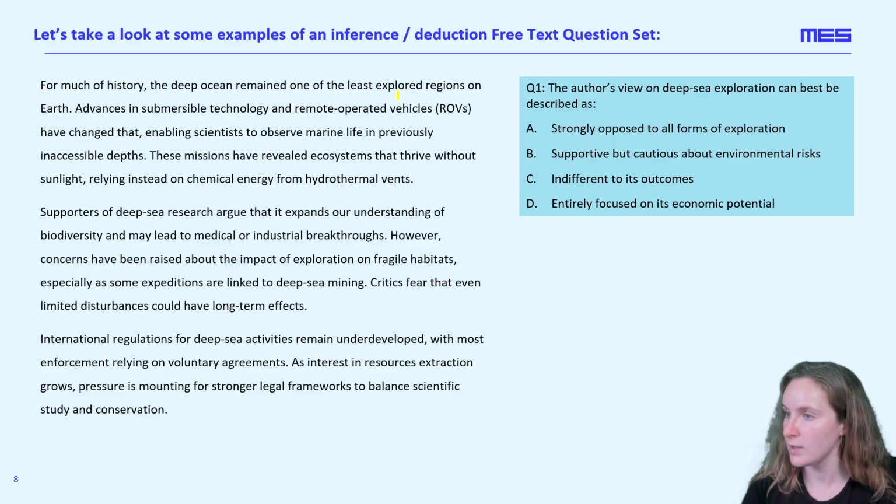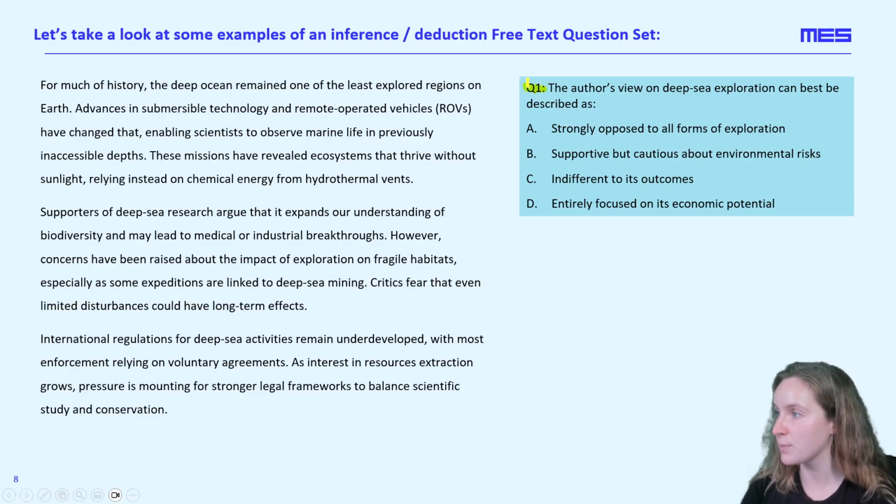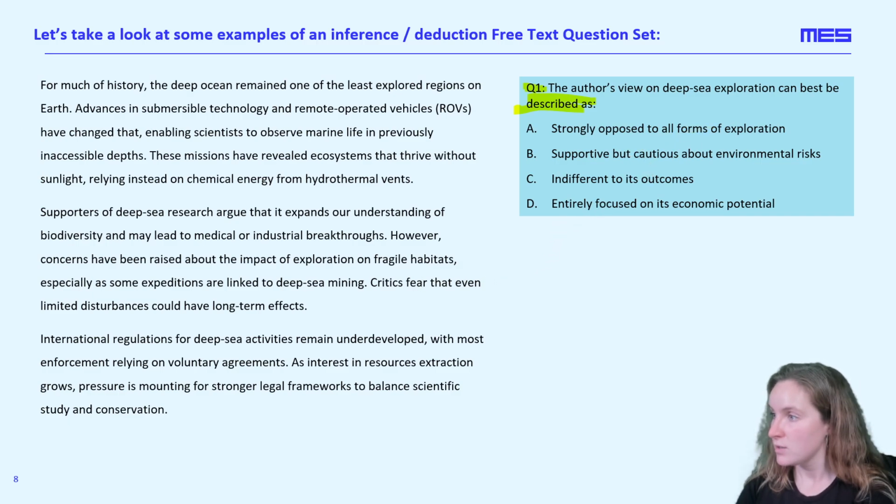So, question 1 asks: the author's view on deep sea exploration can best be described as strongly opposed to all forms of exploration, supportive but cautious about environmental risks, indifferent to its outcomes, or entirely focused on its economic potential.